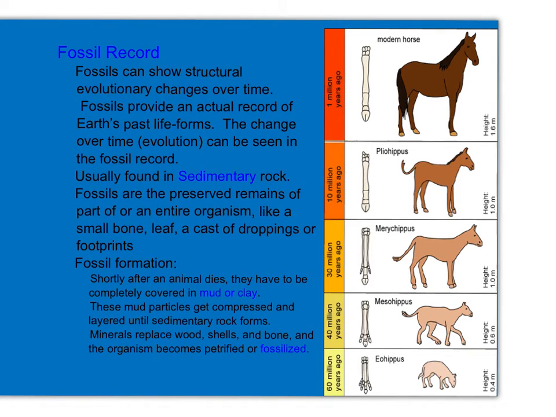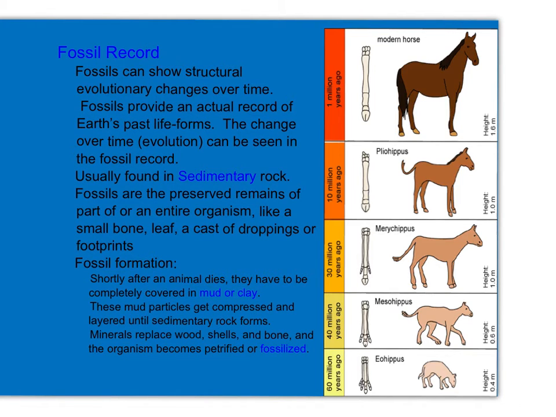Anyway, how do fossils form? Not everything that dies becomes a fossil. A lot of things that die get eaten by something else, or they decompose naturally. But if they are given certain conditions, a fossil will form, and fossils are more likely to form in certain areas.